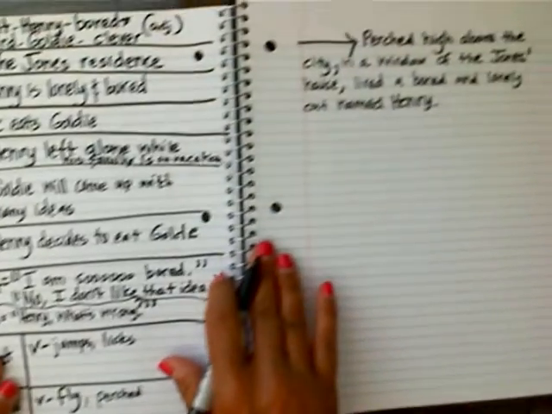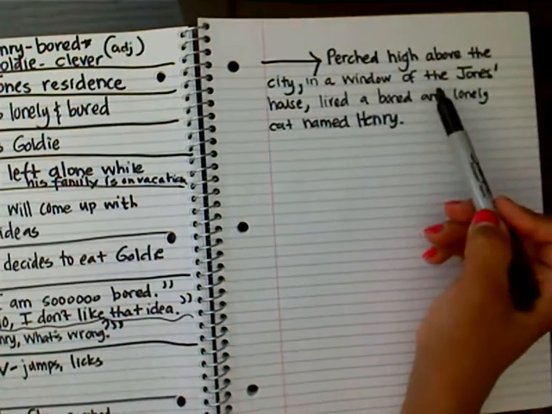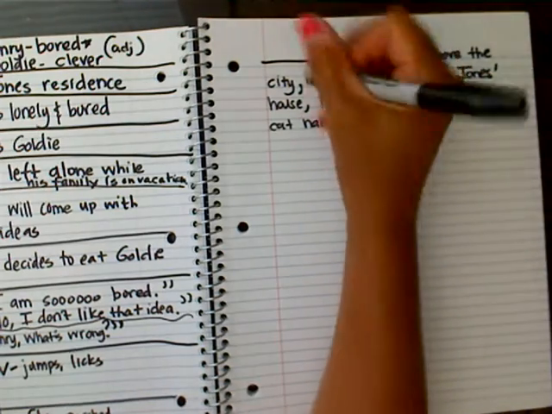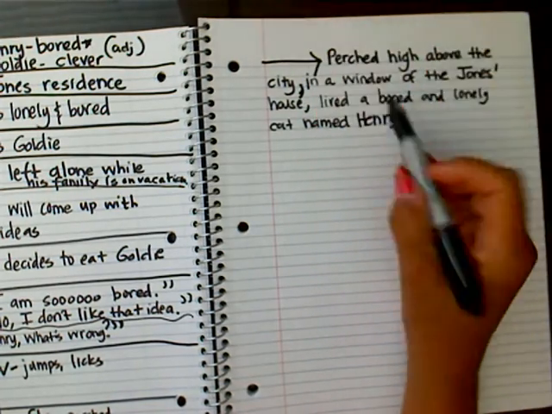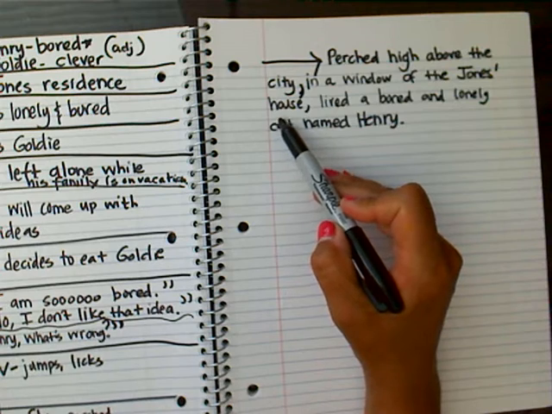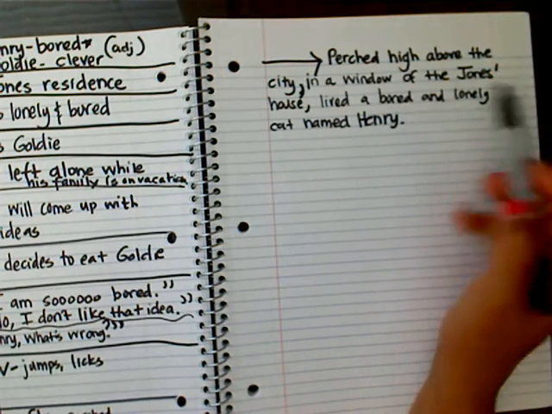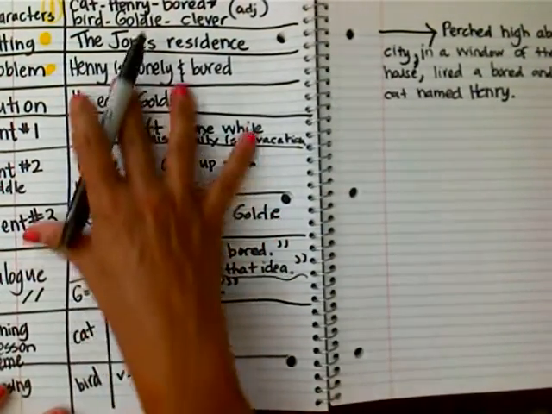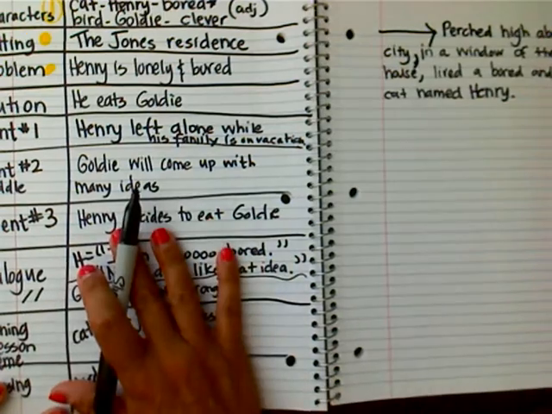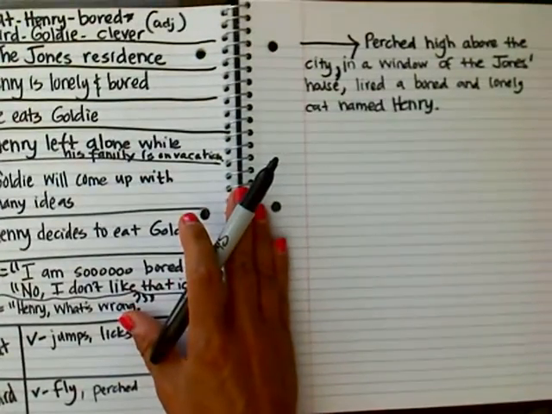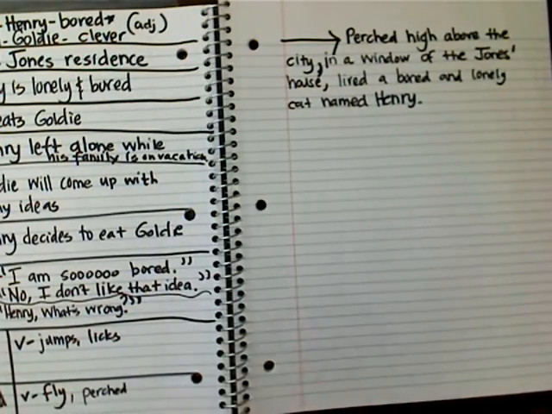So already in my very first sentence, I have perched high above the city, comma, in a window of the Joneses' house, or I could say residency, but house sounds better there, lived a bored and lonely cat named Henry. And now I'm going to set it up for success, okay? So I gotta say, remember I told you when I was saying that the Jones family went on vacation.